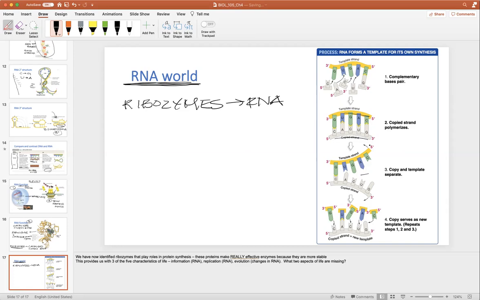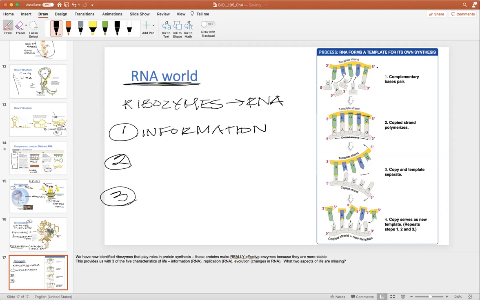Now let's think about this. If you have ribozymes making a bunch of RNA, then what you've done is you've satisfied 3 of the 5 characteristics that we laid out for life, okay? So if that's true, then your ribozymes contain information, because your ribozymes have a series of bases, right?